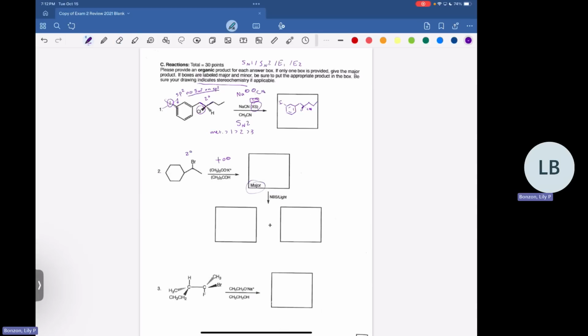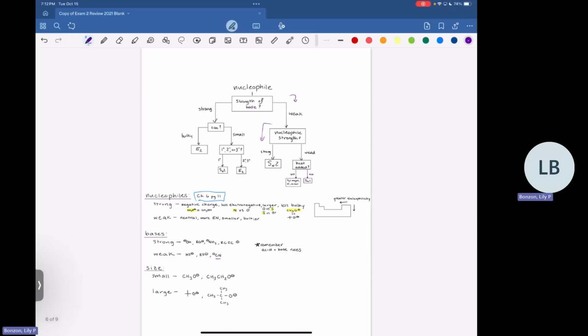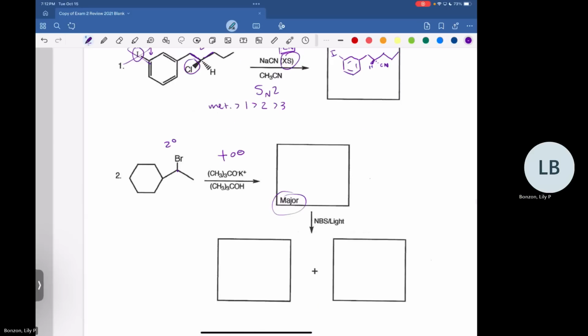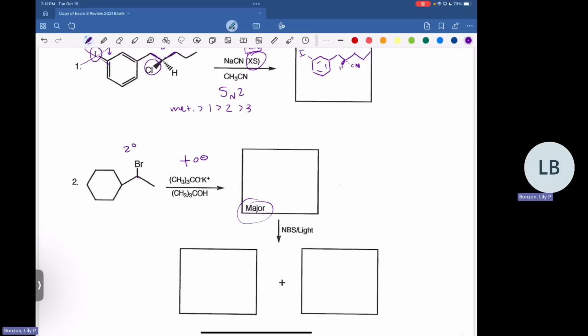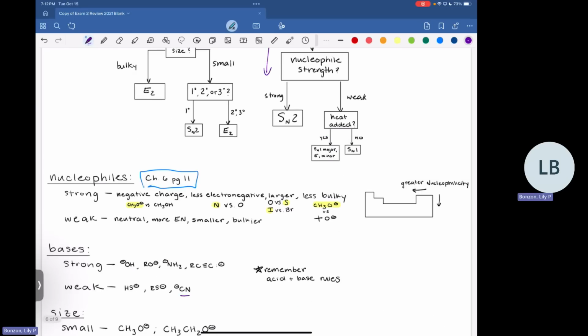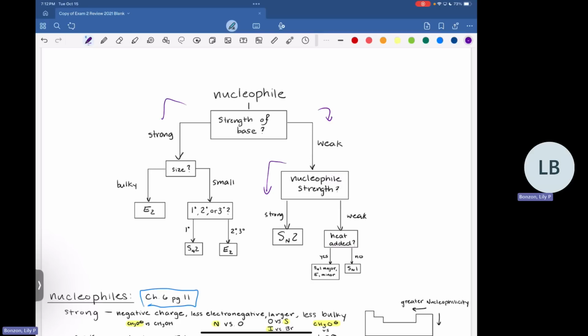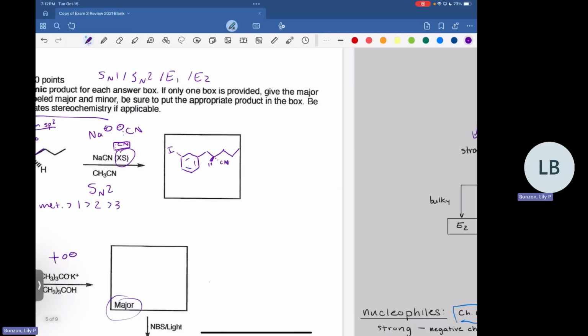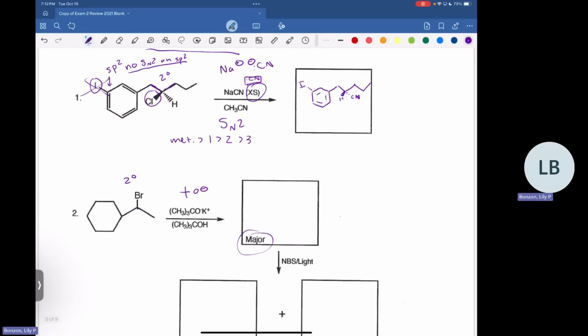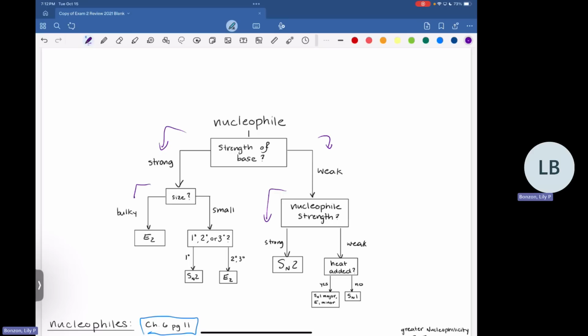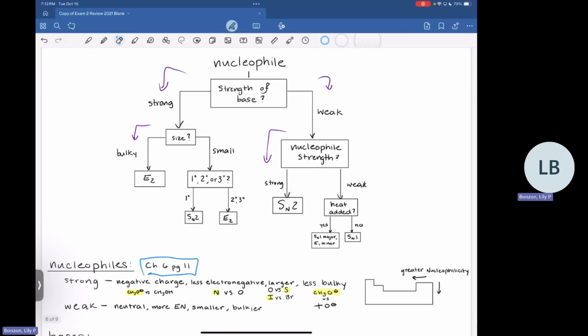So if we go look at our flow chart, we have a negatively charged oxygen, and this is going to be a strong base. We're going to go this way. T-butoxide is going to be a bulky base. There's lots of substituents on this carbon here. So we're going to have a bulky base. So we're going to do E2.